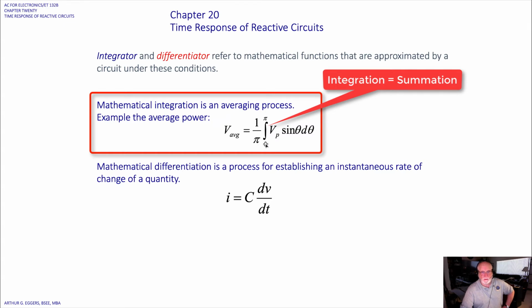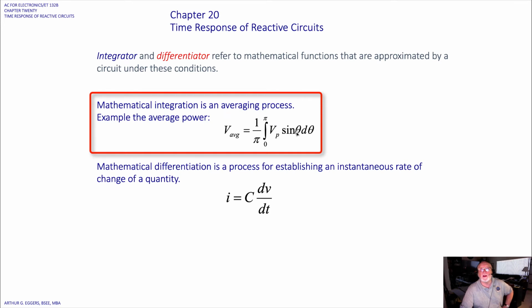We're going to sum everything from 0 to pi, all the values that occur on a sinusoid. So we're going to multiply what's in the summing function by the peak voltage, and we are going to integrate across the angle as the sine of theta and infinitesimal amounts of the angle. So we're going to move angularly across and do our summations.